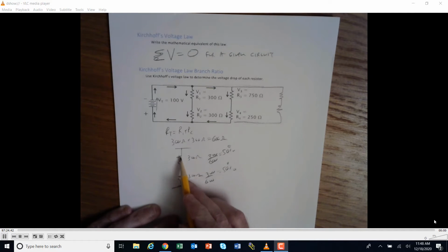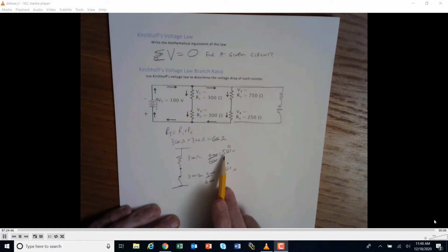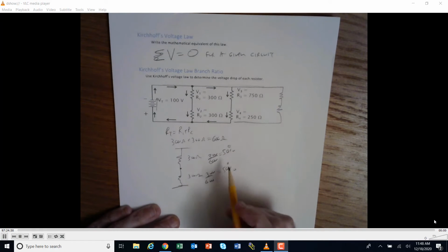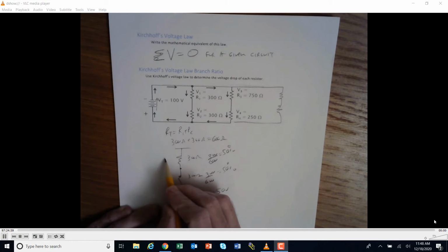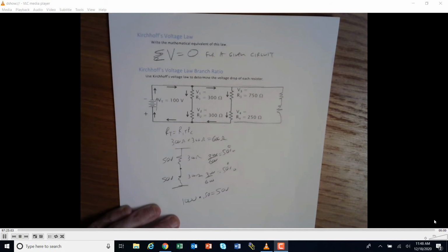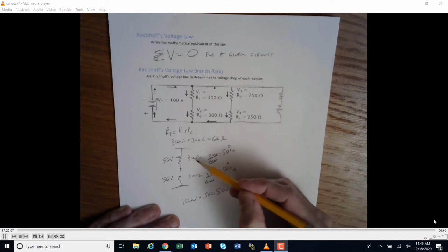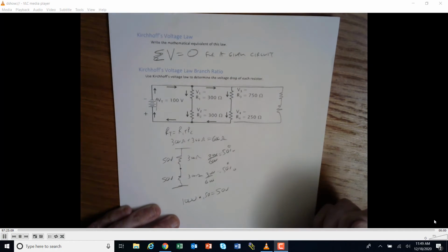Half is going to drop through here, and half is going to drop through there. So we can take 100 volts and multiply it by 0.50, which is 50%, and we'll get 50 volts. This is going to drop 50 volts, and this is going to drop 50 volts, because we have to drop a total of 100 volts here. The resistors are the same, so it makes sense, 50 and 50.